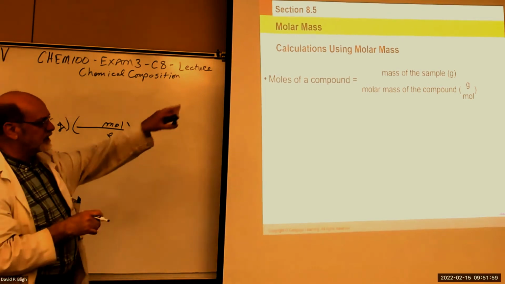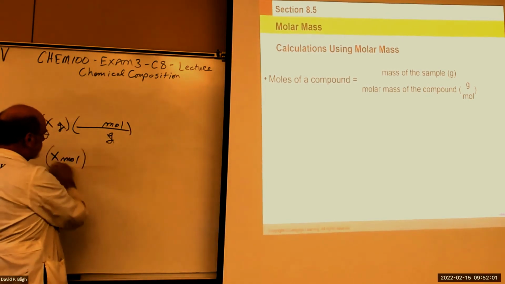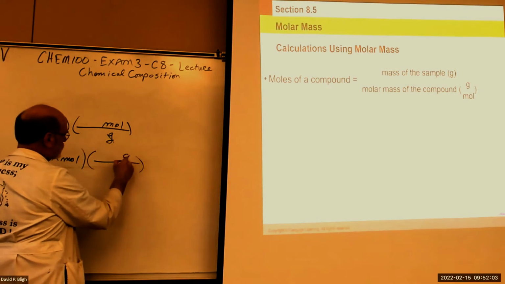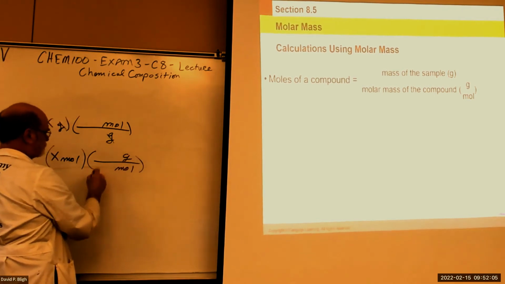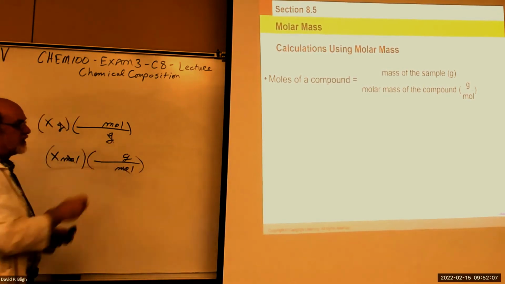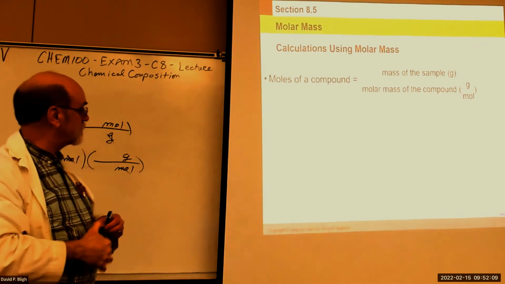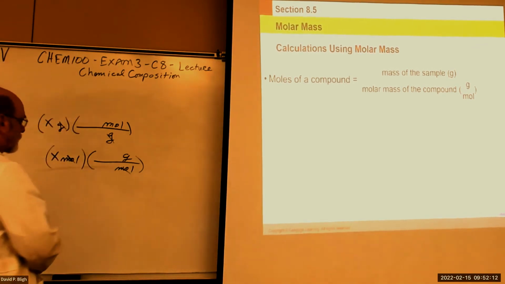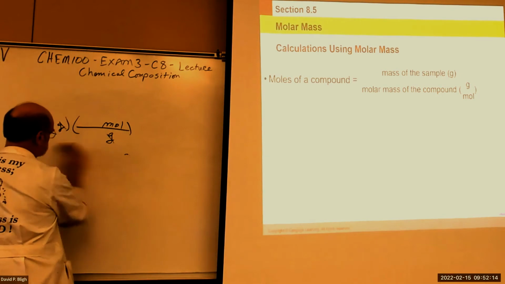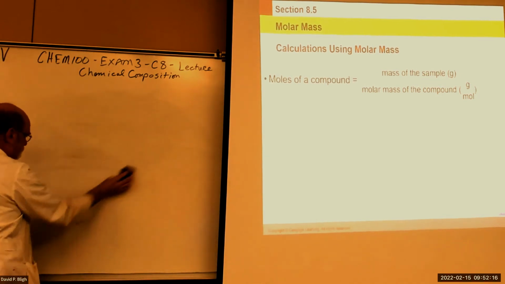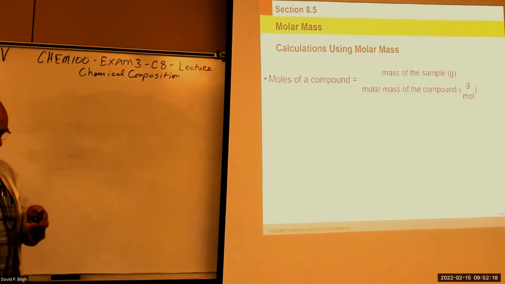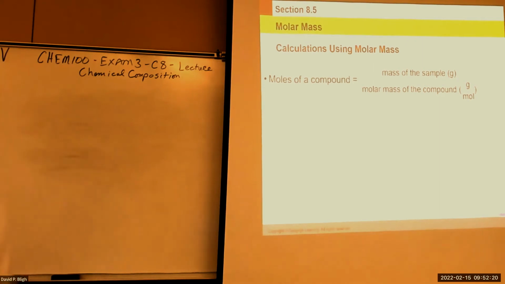I'm trying to parallel to this one. Moles then. Now we would need grams on the top, moles on the bottom. And then you would have mass of your sample. It's pure math.